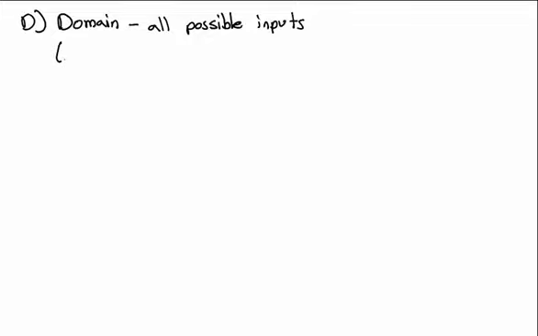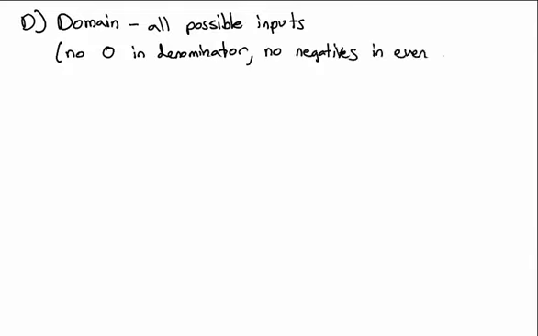So far we've seen a couple things that are not possible. We know we can have no 0 in the denominator of a fraction. We also know there are no negatives in our even roots. Those both will make those functions undefined because we can't divide by 0, and we can't take the square root of a negative number.